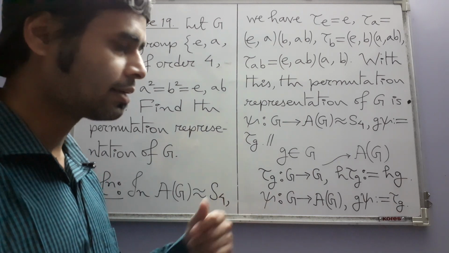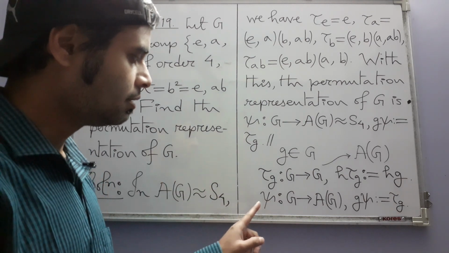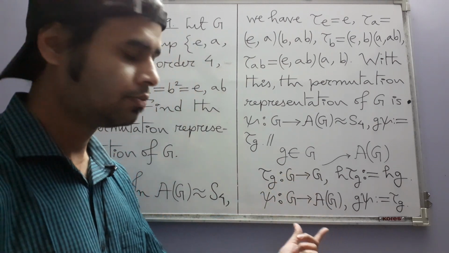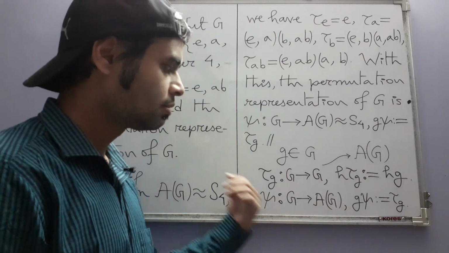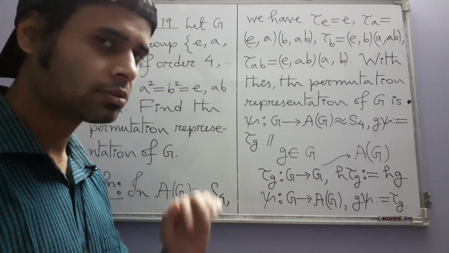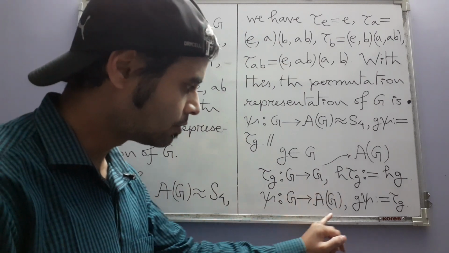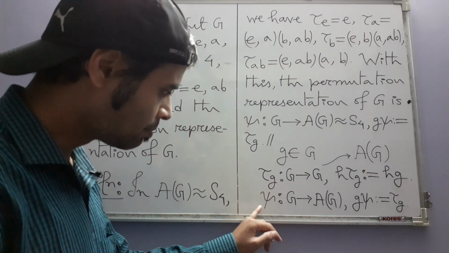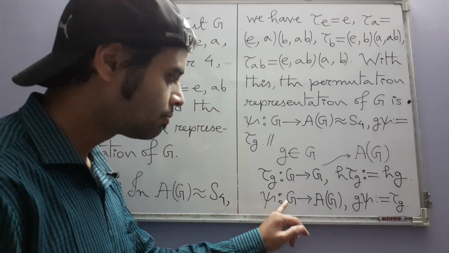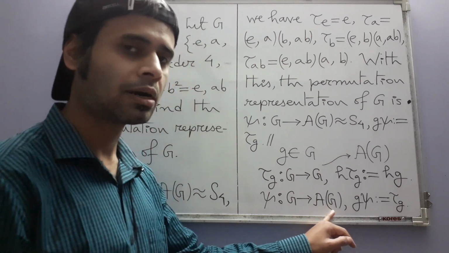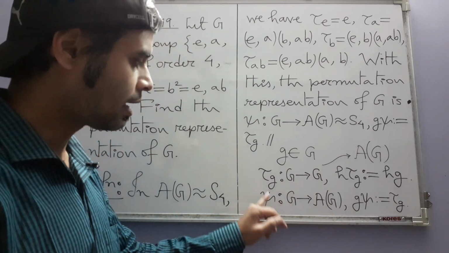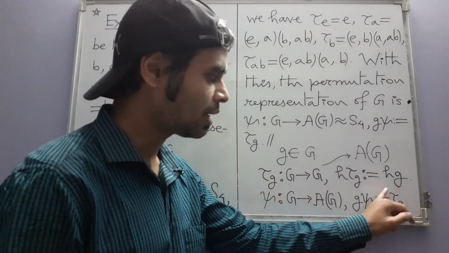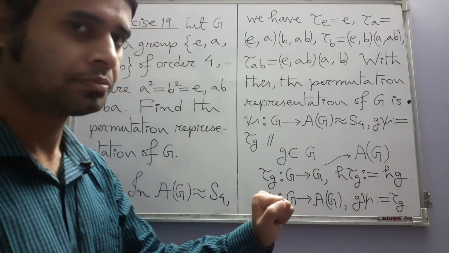That means it's an isomorphism, and that is why the image of G in this group A of G under this map is the copy of G, that is isomorphic to G and is a subgroup of this permutation group A of G. This way, this map psi helps us represent the group G inside this permutation group A of G, and under this representation every group element g is thought of as this permutation tau g.